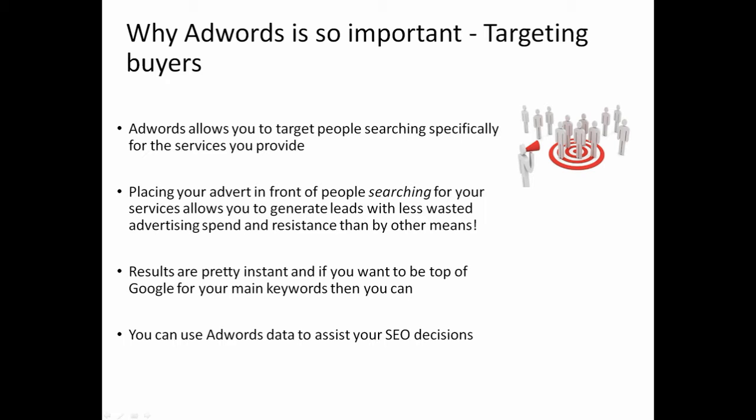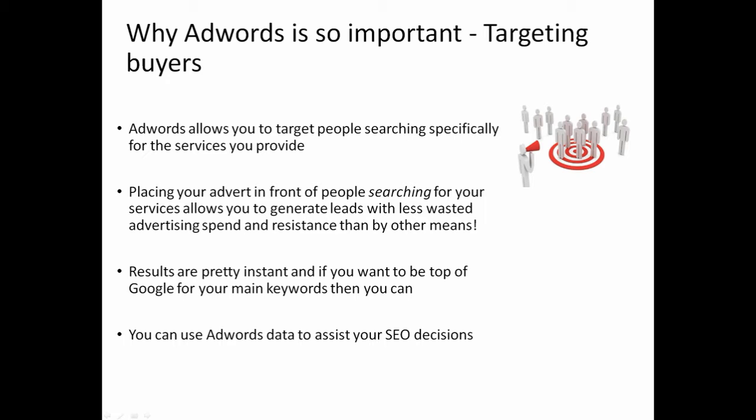So as I said, you may find that out of 200 odd keywords in your AdWords account, there are a handful that are just brilliant converters, and you can use AdWords to quickly find those keywords and ask your SEO team to SEO for those, because a lot of businesses approach SEO by just saying, oh, I want to be found for these keywords, and sometimes they don't have the necessary data as to whether they are actually good buyer keywords.